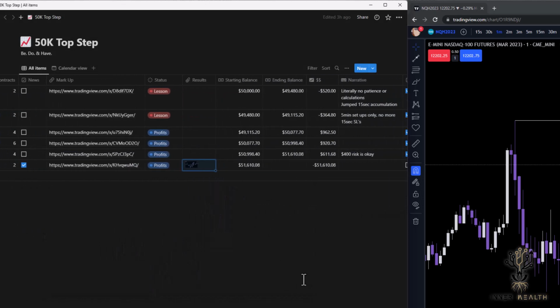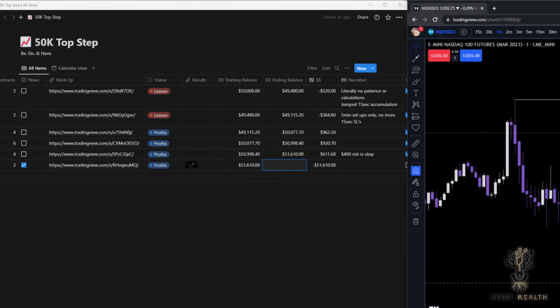And then of course the starting balance of today, and then the ending balance, which is 52,501.34. Boom.